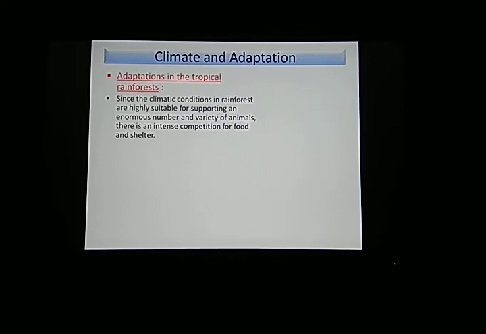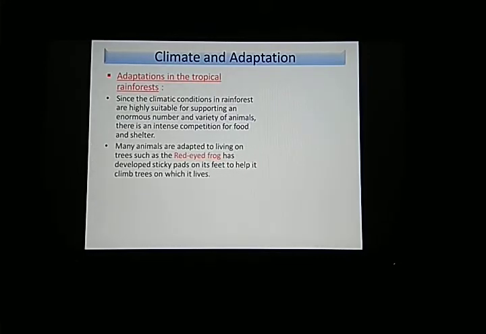Obviously, say for example in a particular place, if the population of people is more, then definitely there will be a competition or scarcity of food. So in those tropical rainforests also, since there is a wide variety of plants and animals living in the same habitat, in the same environment, there is a huge competition for food as well as for shelter.